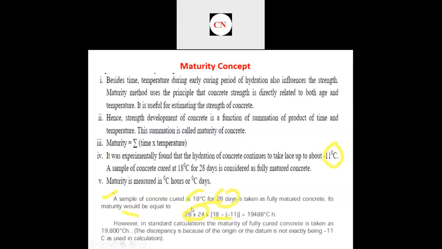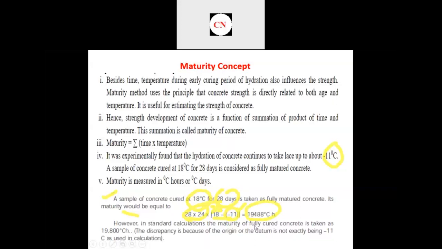It has undergone curing at 18 degrees centigrade, so 18 minus of minus 11 we have to take. We need to treat this minus 11 as a constant. Whatever the temperature, maybe it is 20 degrees centigrade also, 20 minus of minus 11 only we have to take.